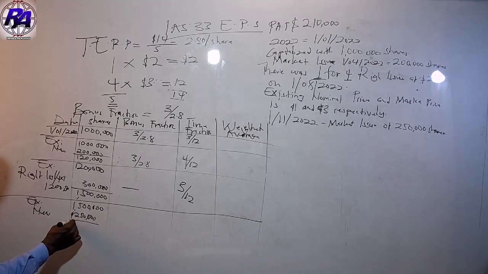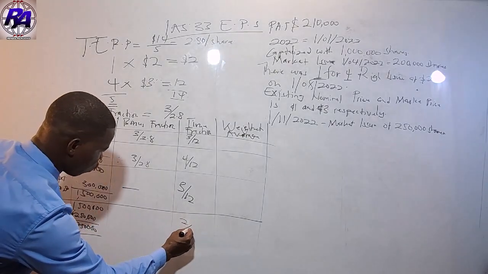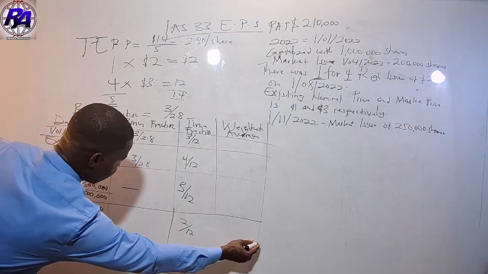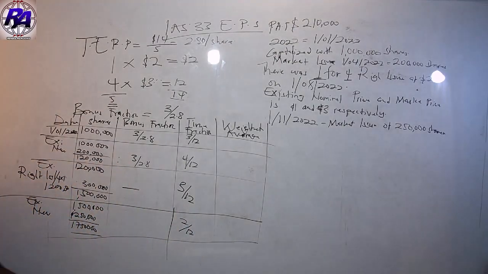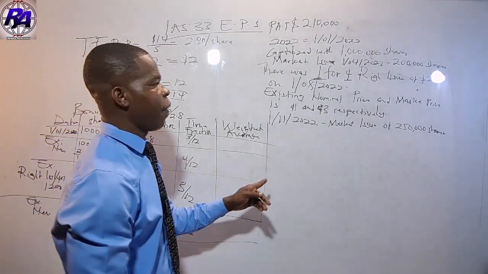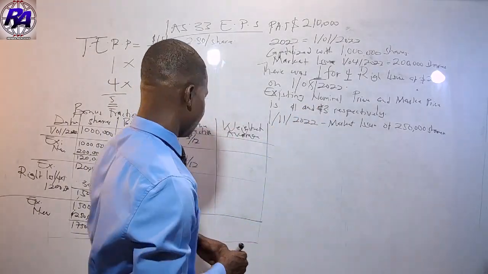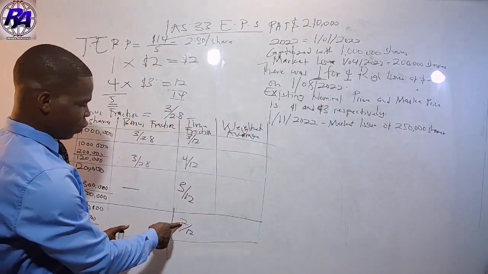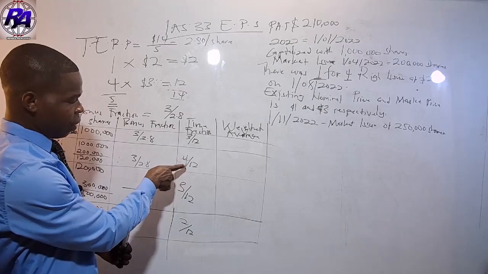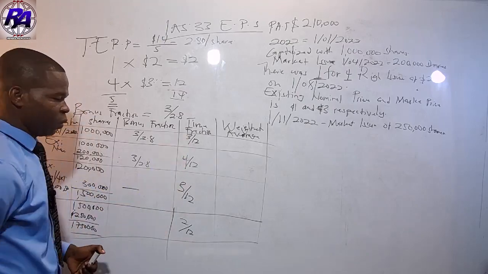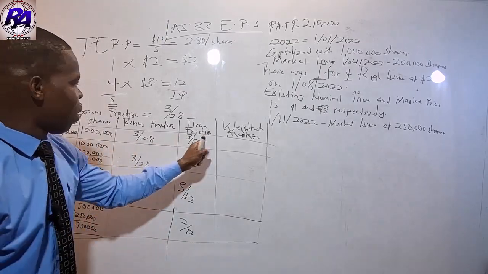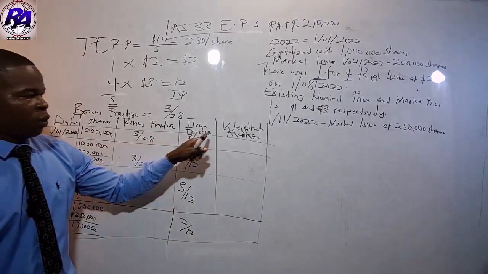So this is going to give us 1,750,000. And this is going to be 2 on 12 because it's just November and then December. Okay, so let's check if we are correct. 2 plus 3 will give us 5, plus 4 will give us 9, plus 3 will give us 12. So we are correct.